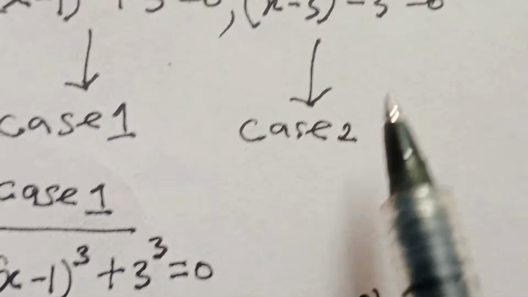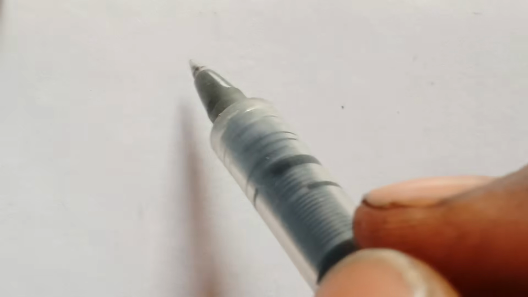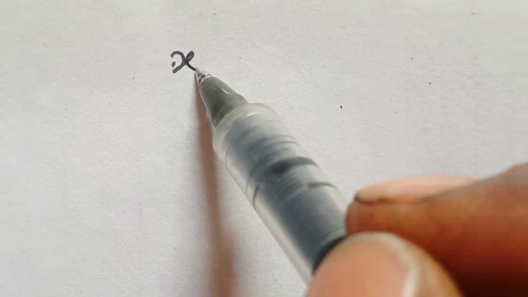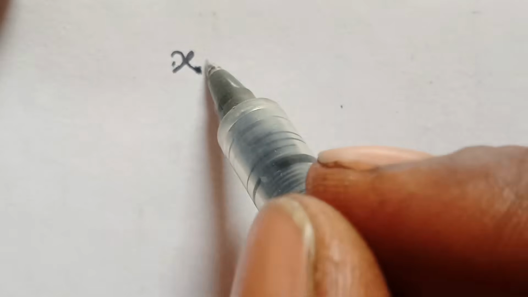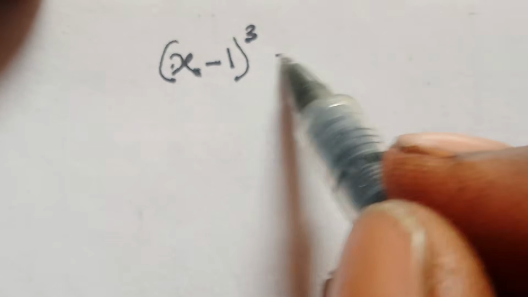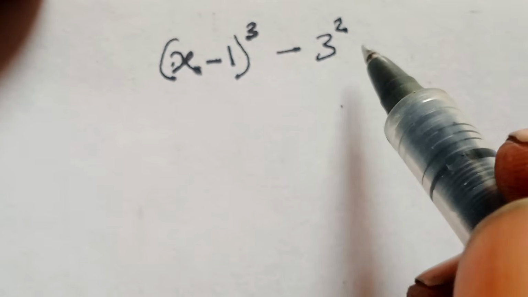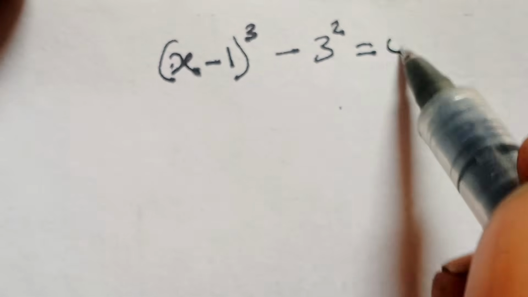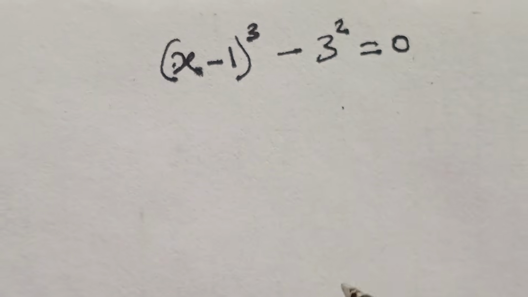So let's now solve case 2. Case 2 says x minus 1, everything raised by 3, minus 3 cubed, is equal to 0.